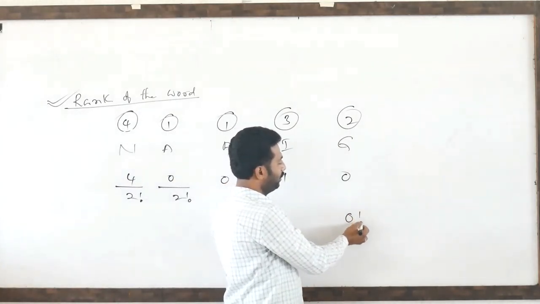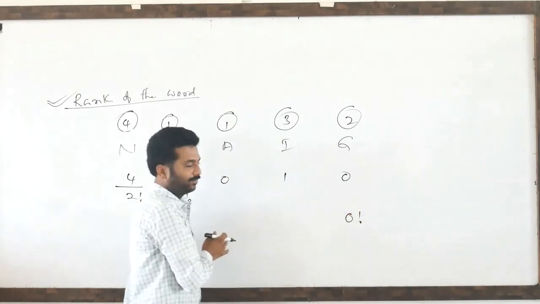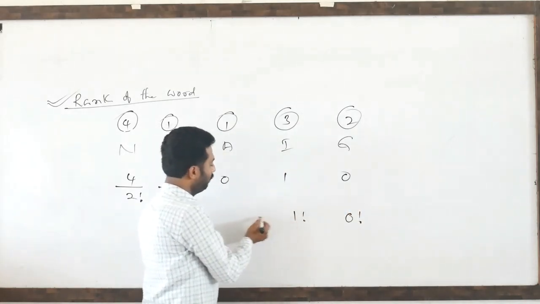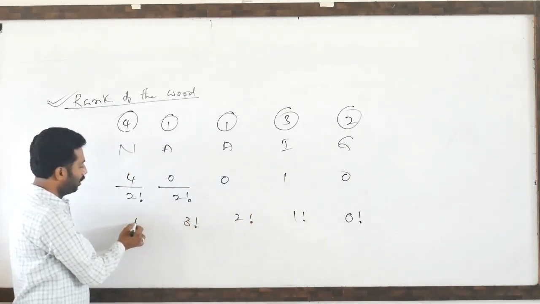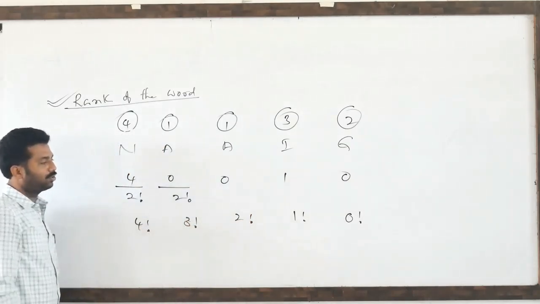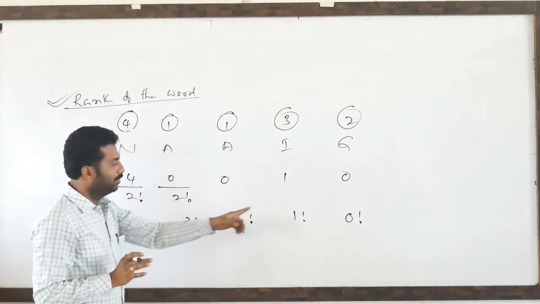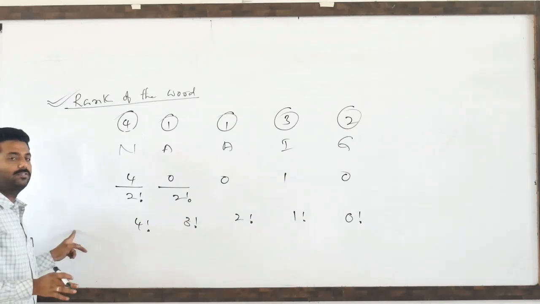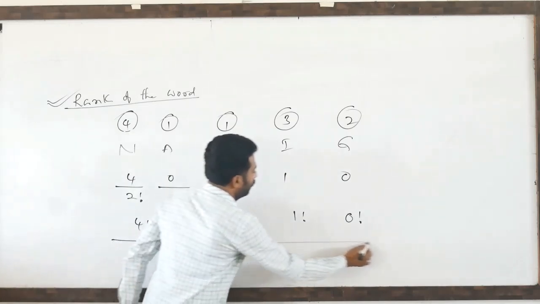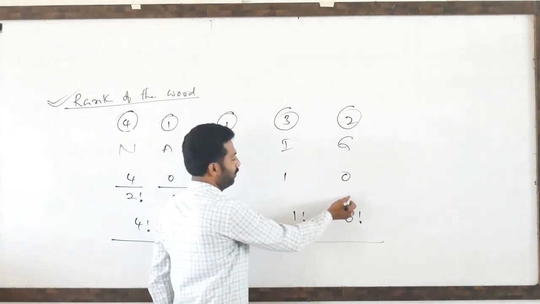Then start with 0 factorial from the right, then 1 factorial, then 2 factorial, then 3 factorial, then 4 factorial. This is common for every column: 0 factorial, 1 factorial, 2 factorial, 3 factorial, 4 factorial, 5 factorial, 6 factorial, like that. Then take the sum of the products.